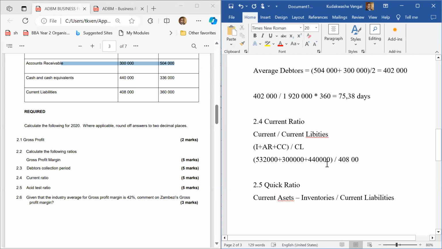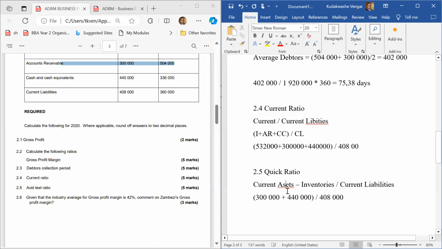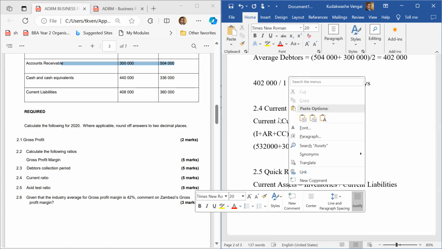Or in simple terms, you can just add your accounts receivables, which is 300, plus your cash and cash equivalents, which is 440, and you divide all of that by 408. And then you get your quick ratio, right?